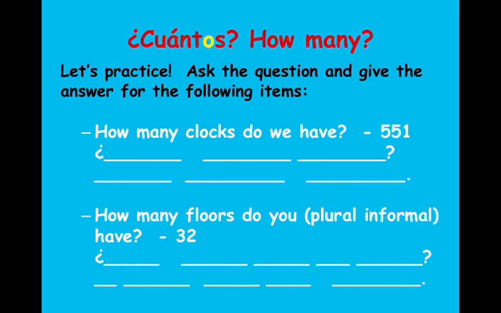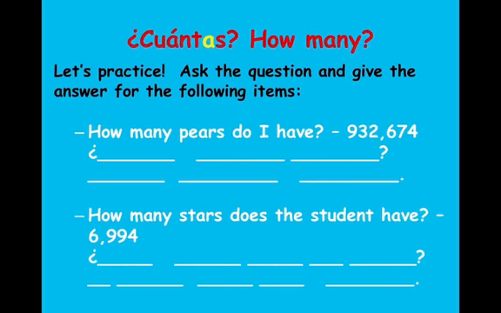How many floors do you, plural informal, so which one is the plural informal, have? You, plural informal, have 32 floors. That's something really odd to have, but let's see. How many pairs do I have? I have 932,674 pairs. I want you to, again, write these down for homework and bring them in.